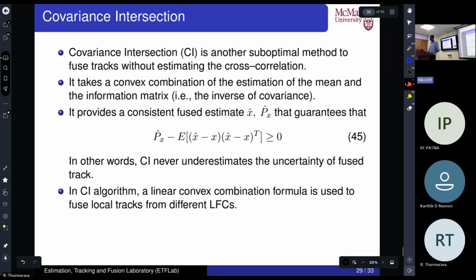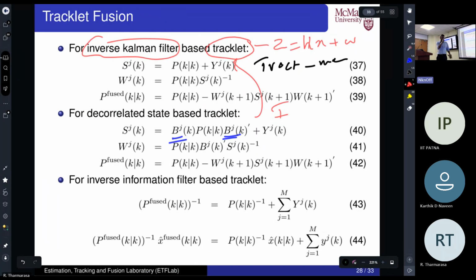To quickly summarize the tracklet, a tracklet is an equivalent measurement that summarizes all the information that we got from the last update. And that is uncorrelated from all other track outputs. Then we can form that as a pseudo measurement that comes from a sensor rather than a track. So we consider that as a measurement that comes from a tracker or sensor.